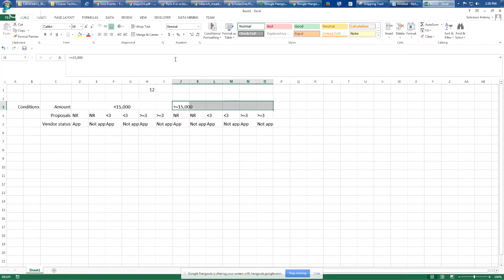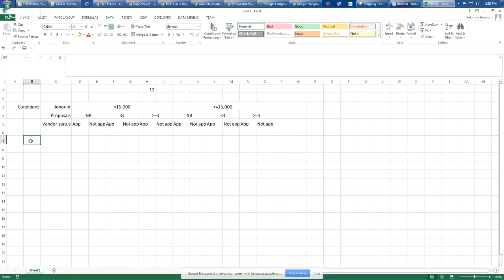Again, I fill this range. Okay, there it is. So these are my conditions. There are 12 possible conditions, and these two I can simply combine into 2.